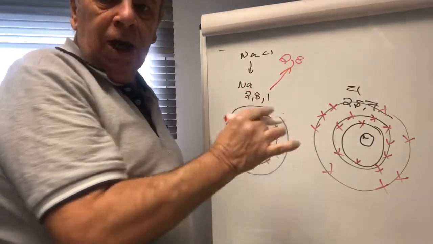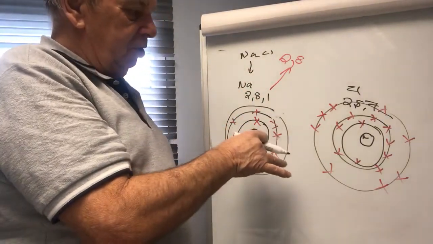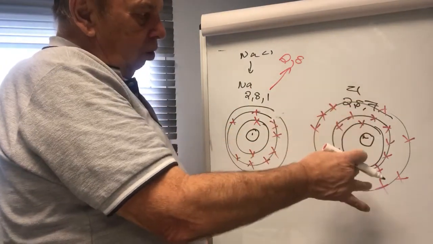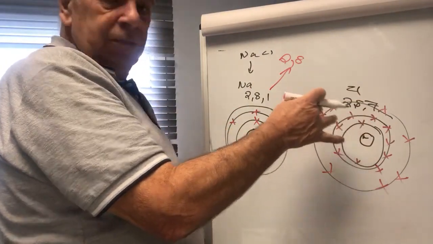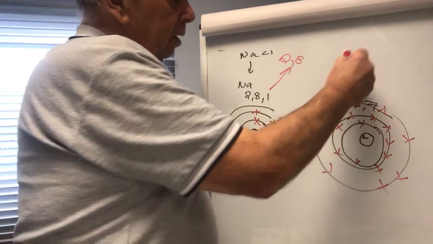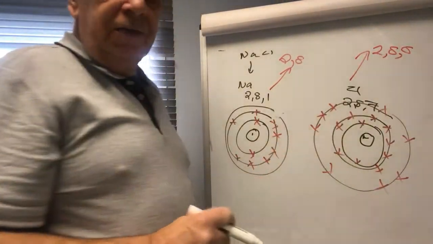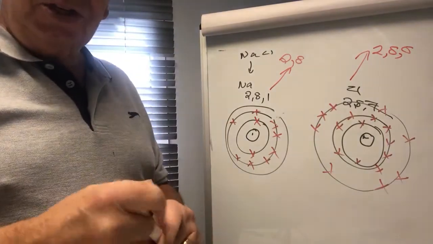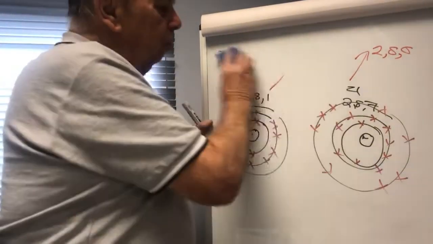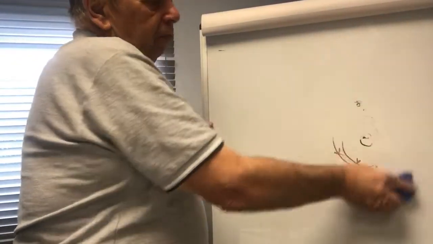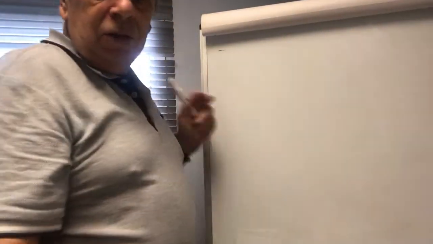That outer shell is full and therefore it's stable. The outer shell of chlorine changes from 2,8,7 to 2,8,8 and is therefore full, and it's stable. So ionic bonds are formed when metals donate electrons to a non-metal.